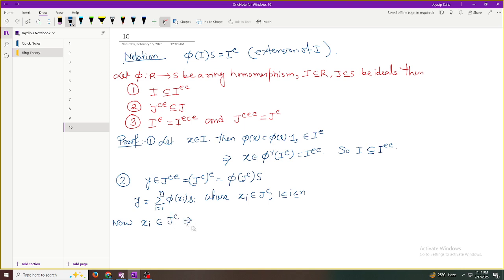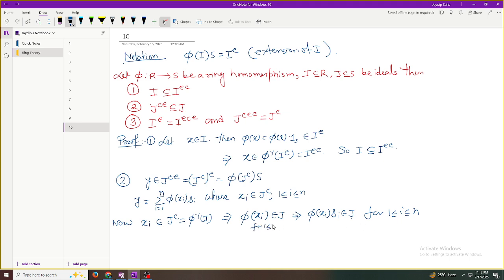That means phi xi, recall J contraction equals phi inverse J, belongs to J. That means phi xi si belongs to J for 1 less than or equal to i less than or equal to n.